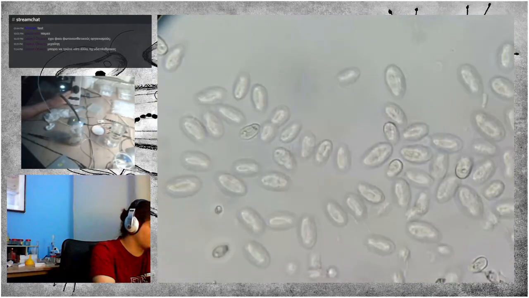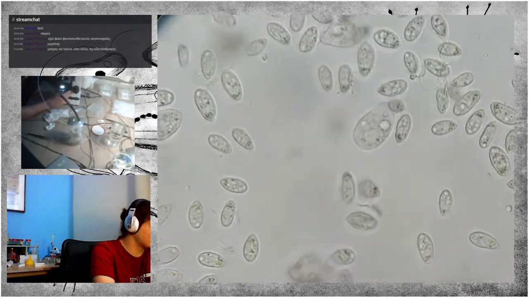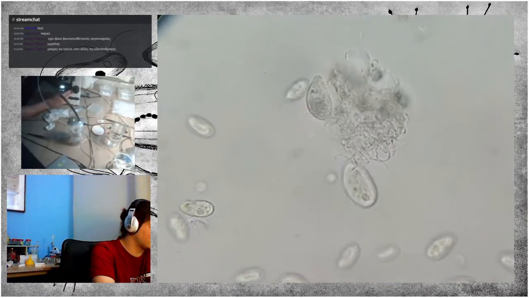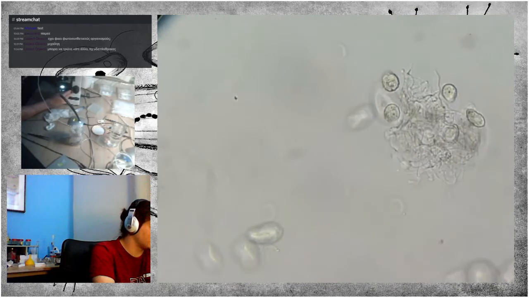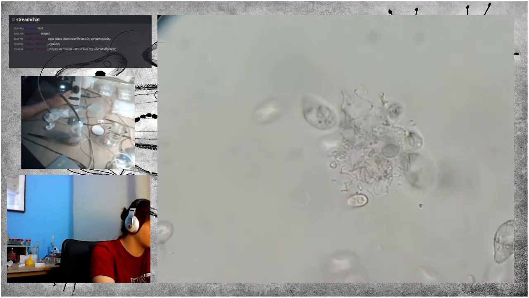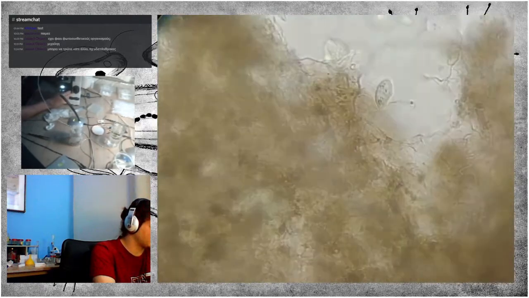I don't see any of the ciliates of this species, the large one that's trying to move around the smaller ones, get stuck on... I'm not sure if this is one. Oh yes, that's one. Yep, they're getting stuck in the bacteria, my mistake.